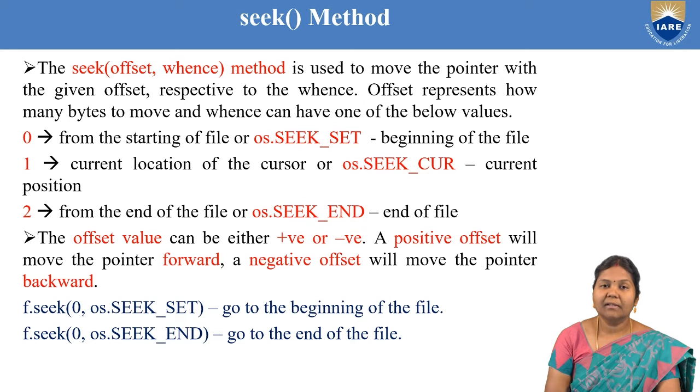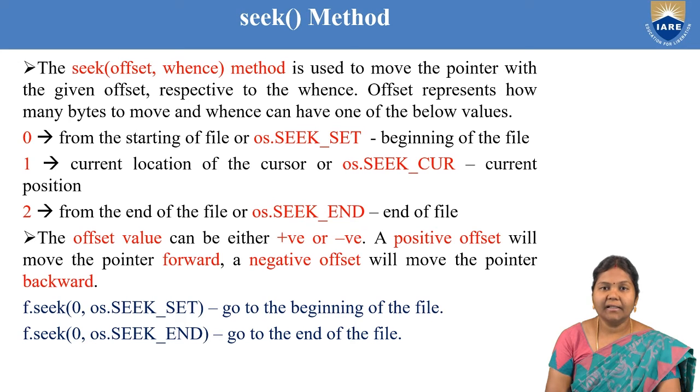First of all, see what the value of offset can be. The offset can be any positive or negative value. Suppose you want to move forward, then your offset value will be a positive value. If you want to move backward from the current file pointer, then your offset will be a negative value.